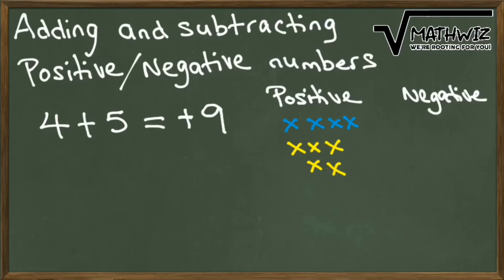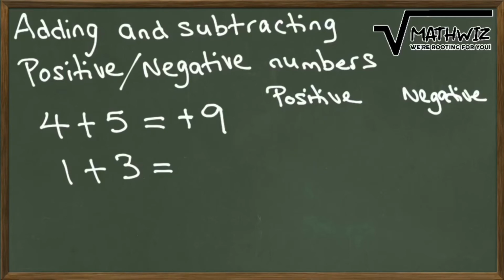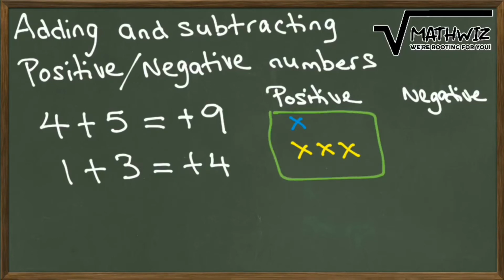Similarly, if I was supposed to give you 1 plus 3, you would tell me 4. However, using our little game, it's like we had 1 positive person in the room, and then we were later joined by 3 more. So in total, that is how we got the 4 positive people in the room.